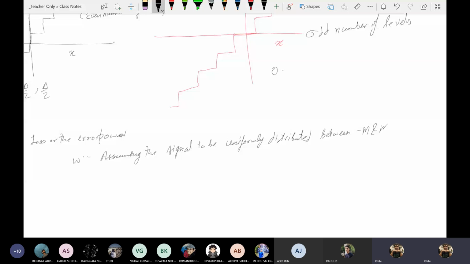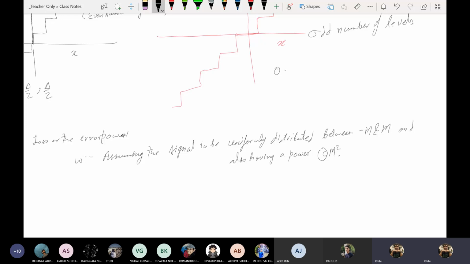minus m and m, and also having power c m square. If it is uniformly distributed between minus m and m, the power would be m square by 12. But I'm discounting that and saying that it has a power c m square. c is some multiplying constant, not necessarily, it's approximately uniform.